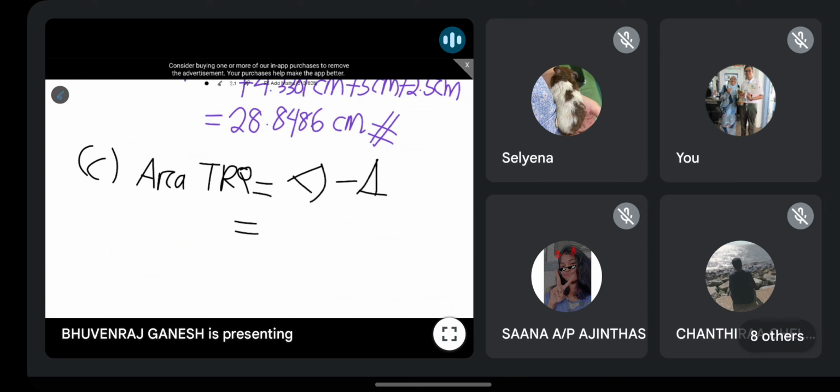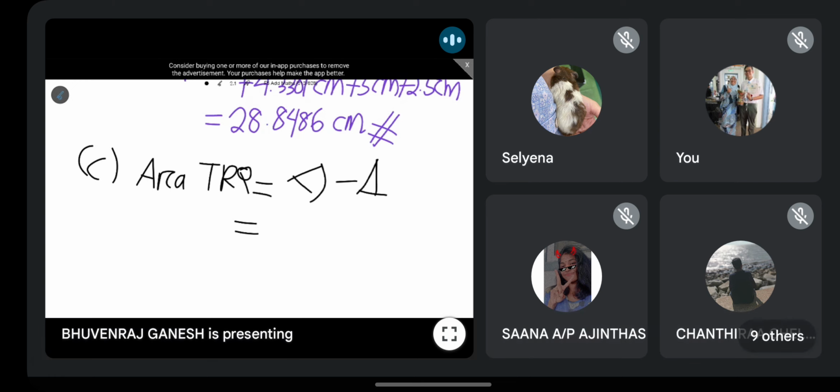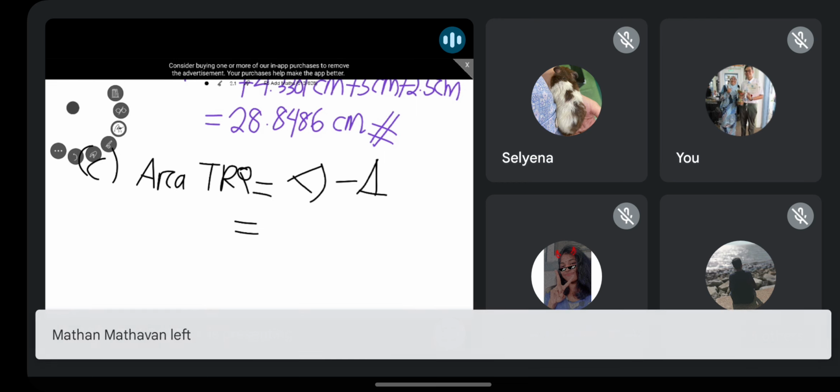Guys, can you all remind me luas sector apa formula dia? Can you all comment? Area of sector formula? Cuba hafal semua formula macam ni. Try to memorize because lebih senang bagi kamu. Apa formula untuk kira luas sektor?